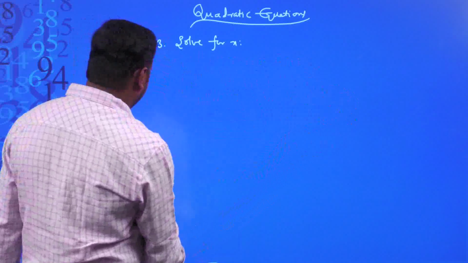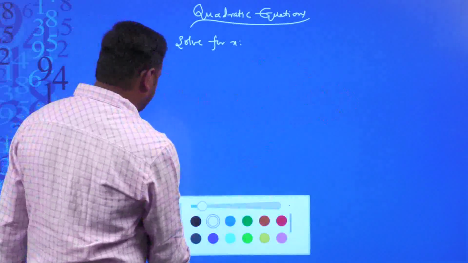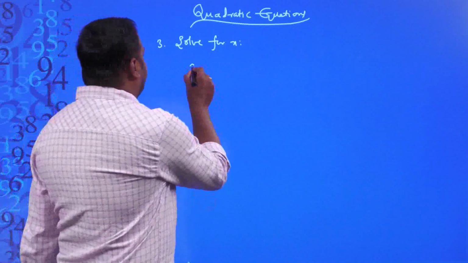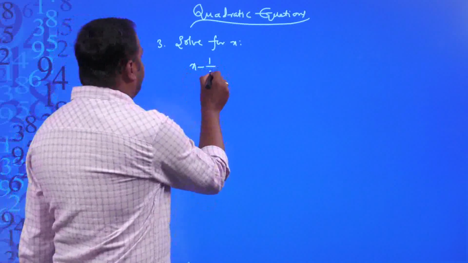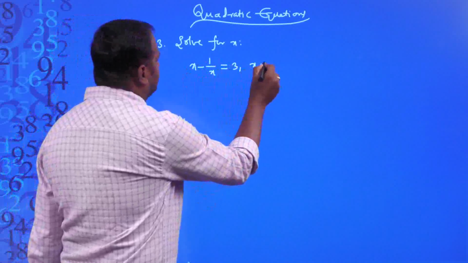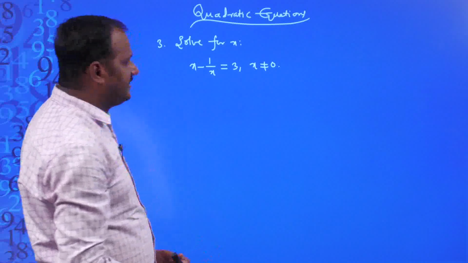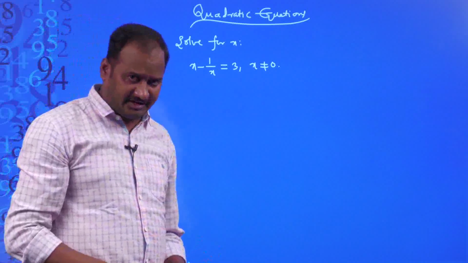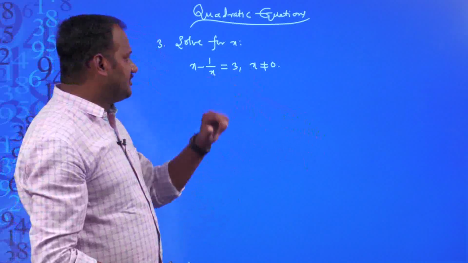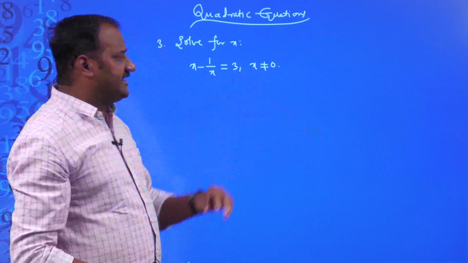What is that quadratic equation? That quadratic equation is going to be x minus 1 divided by x is equal to 3, where x is not supposed to be 0. Okay? If you observe this given problem, why has this condition been given?